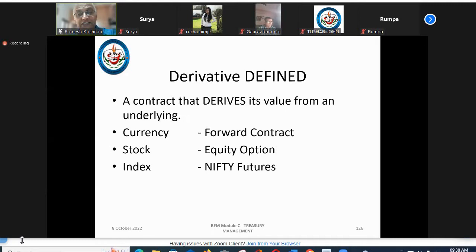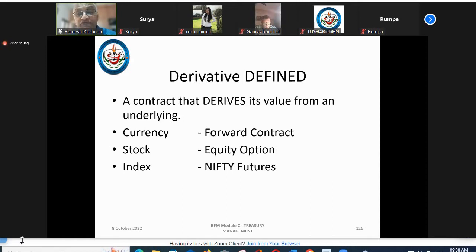SEBI or NSE will declare the index, or FBIL, Financial Benchmark India Limited, will declare the exchange rates and the interest rates, the 10-year bond YTM, 1-year bond YTM, everything. So on a published rate, a derivative contract is structured.